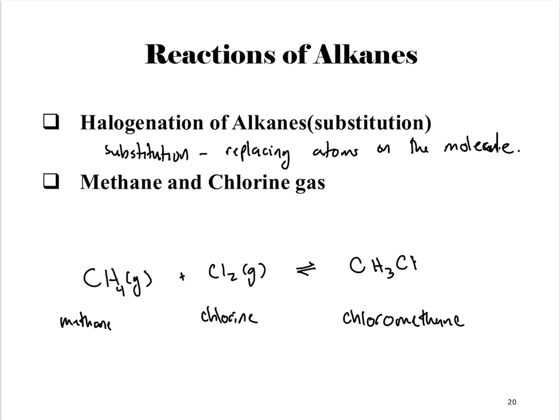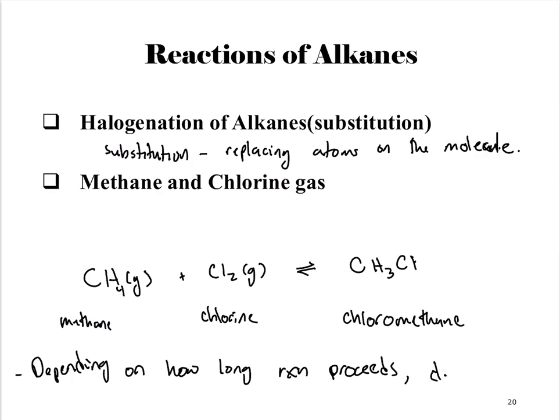And then depending on how long the reaction proceeds, that determines how many H's are replaced. Right, so for a halogenation reaction, the longer we let the reaction proceed, the more hydrogens will be replaced on the methane molecule.